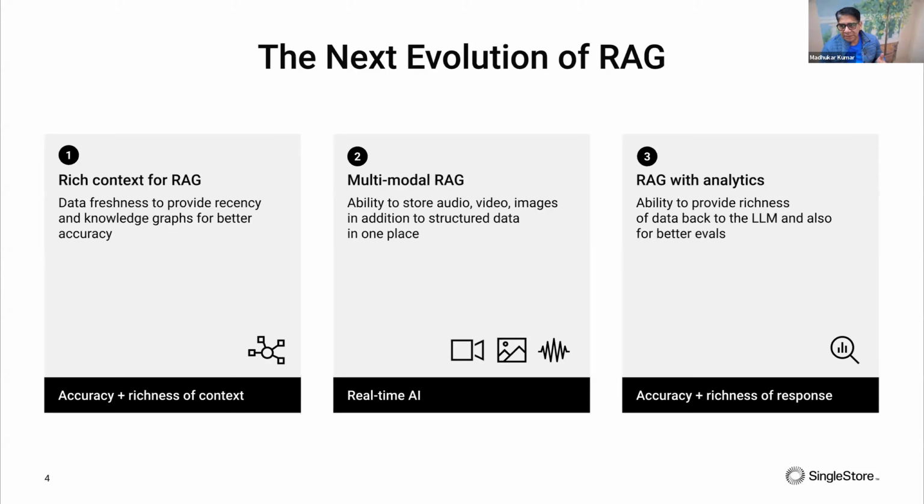And then the last piece is retrieval augmented generation, or RAG, which eventually means that when somebody asks a question, you first convert it into a vector or an embedding, and then the unstructured data that you have, you want to search against that.